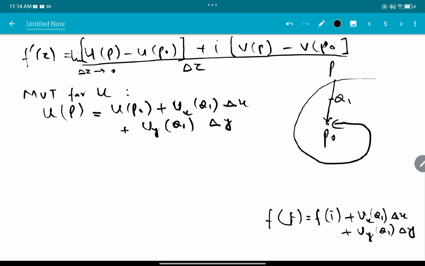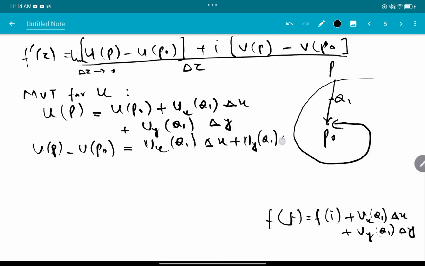This is the mean value theorem. If I take this upo to this side, I get up minus upo equal to ux q1 delta x plus uy q1 delta y. So I substitute up minus upo.